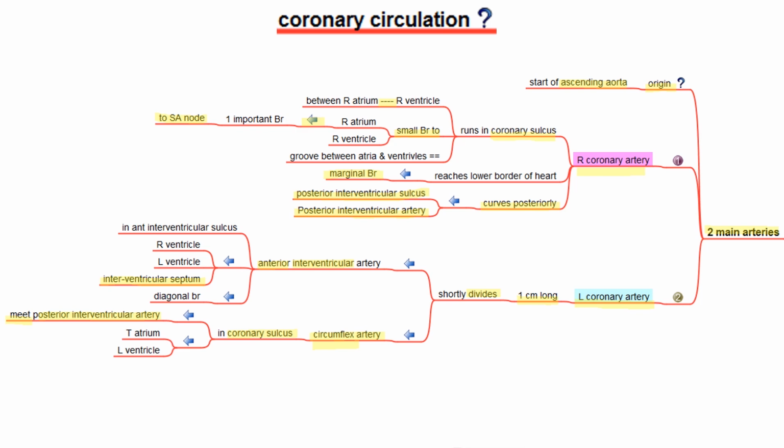On the posterior surface of the heart, it is going to meet an artery. Which artery? It is the posterior interventricular artery belonging to the right coronary artery, and it supplies the left atrium and the left ventricle.